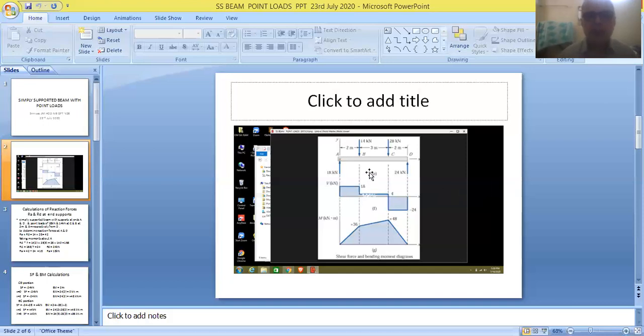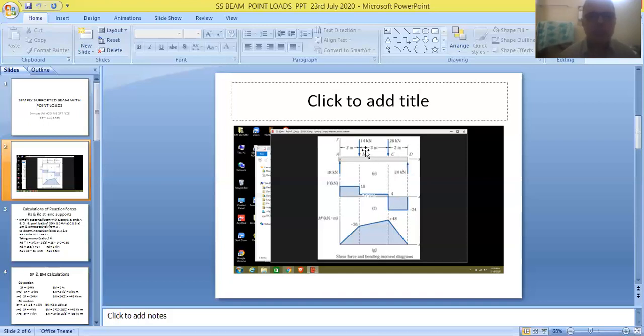Now, friends, in this particular problem, two loads are acting in the vertical, downward direction on this simply supported beam.